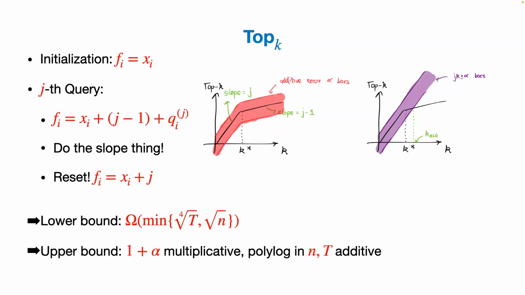Well, the thing is that if we allow a small multiplicative error, 1 plus alpha, and we allow a polylogarithmic in n and T additive error, we have an upper bound for that case that not only solves all of these top K norms, it outputs a frequency vector synthetic to the original frequency vector, so it can also estimate an even larger family of norms, which is monotone symmetric norms. This family contains not only all of the top K norms, but also all of the Lp norms.